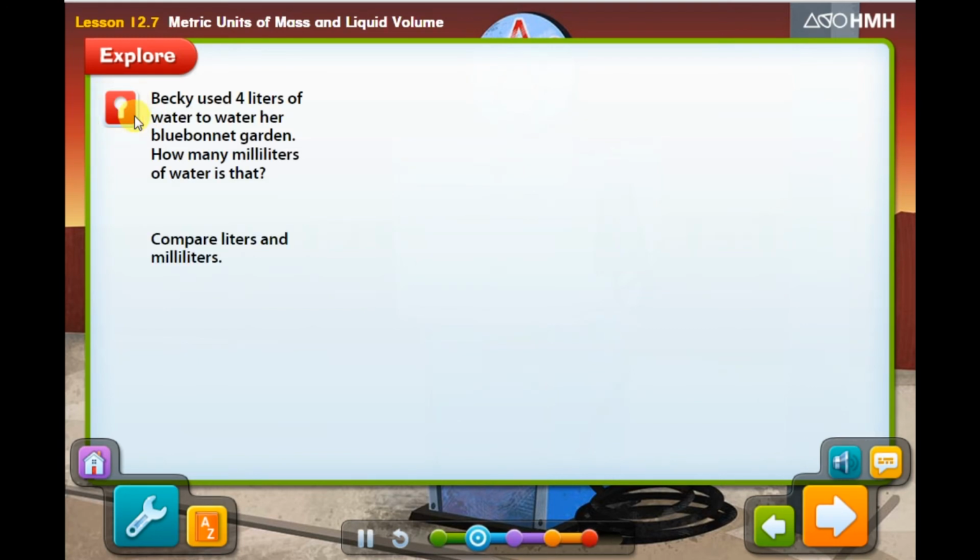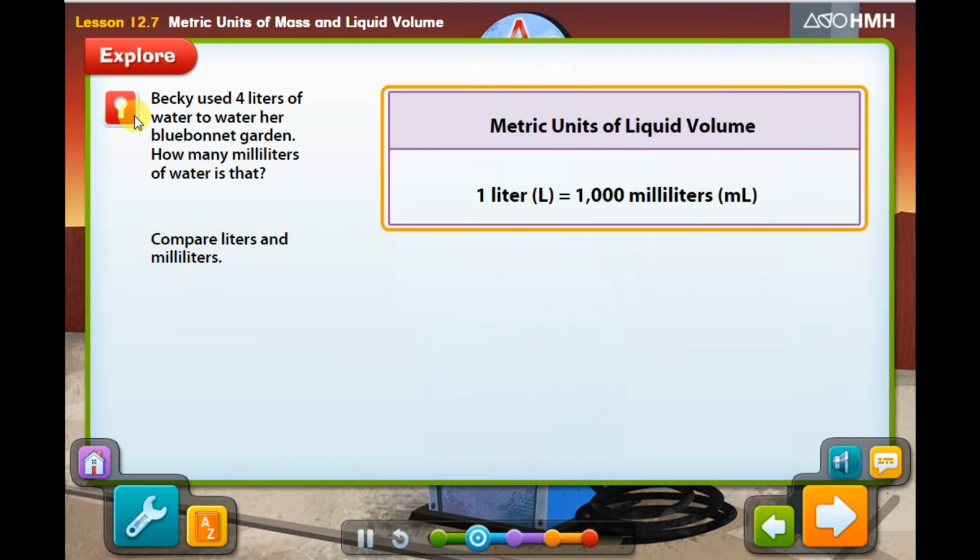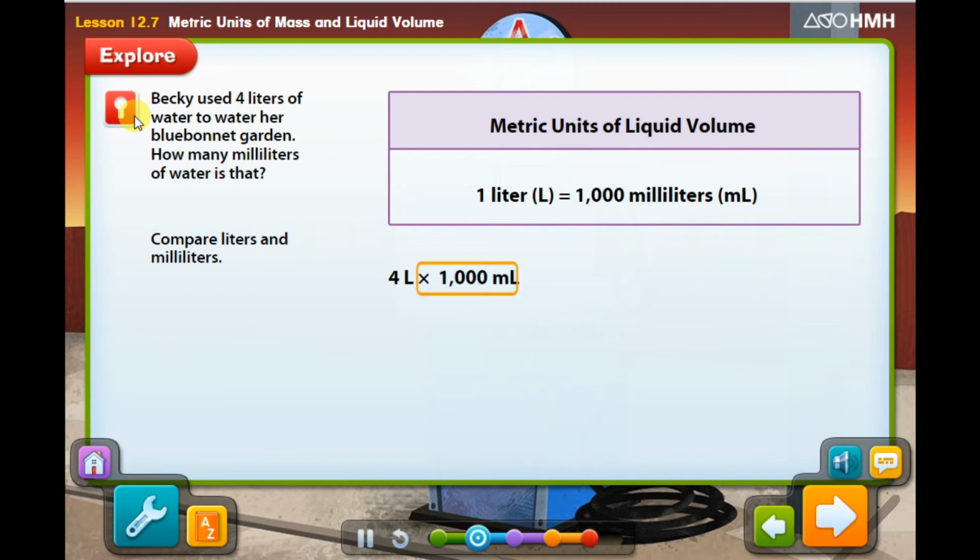We'll compare liters and milliliters to solve this problem. Liters and milliliters are metric units of liquid volume. A liter is 1,000 times as much as 1 milliliter. To convert from liters to milliliters, begin with 4 liters. Use the conversion table and multiply. What is the volume in milliliters? L stands for liter, and mL is our abbreviation of milliliter.